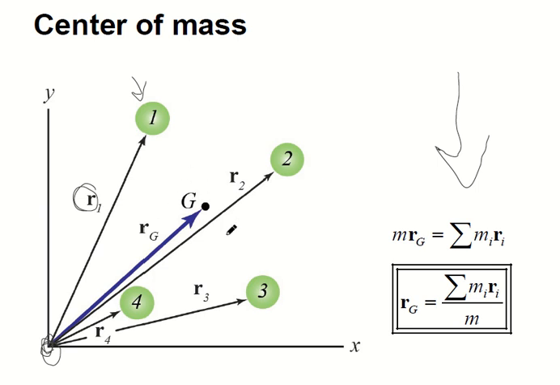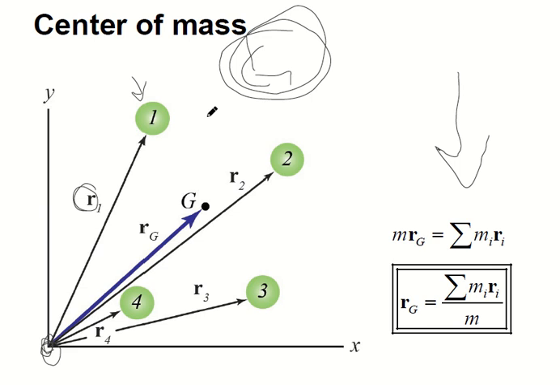Also, many textbooks loosely use G, and there's confusion between the center of gravity and center of mass because of this usage of the symbol G. You can call this whatever you want, but we use G in many textbooks, and sometimes you will even see something like this in some textbooks, just a symbol.